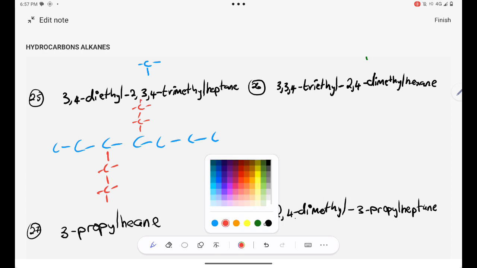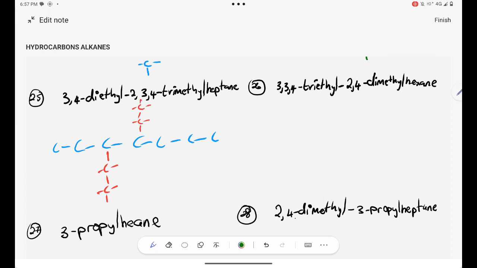Okay, and then carbon number 2, I have my methyl, as well as carbon number 3, I have a methyl there, and carbon number 4. Yes, the structure is so. And then all you have to do, guys, is to write down your hydrogens. And then this is the structural formula for 3,4-diethyl-2,3,4-trimethylheptane.